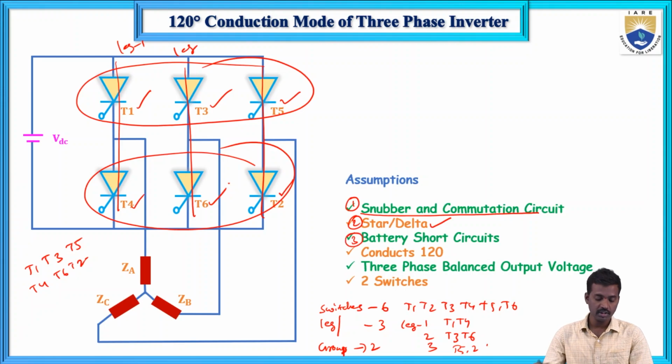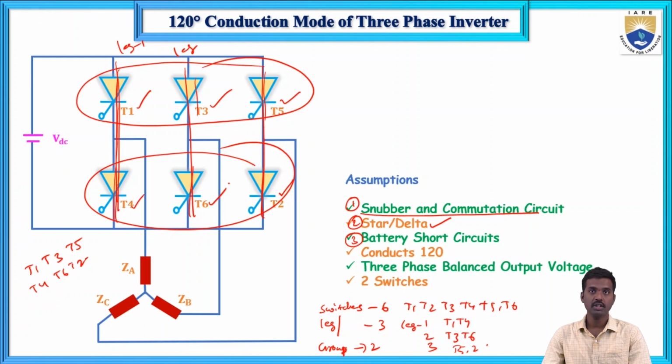The third assumption means that in the same leg, both the switches should never be closed at the same time. So T1 and T4 should never be closed together, T3 and T6 should never be closed together, and T5 and T2 should never be closed together.